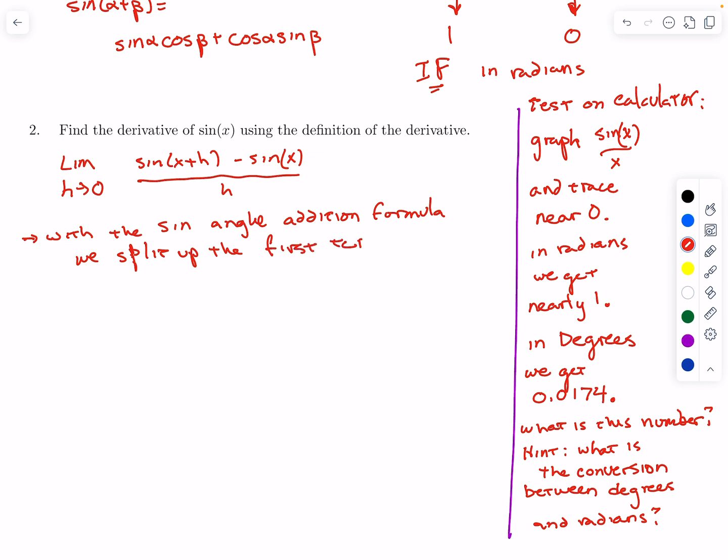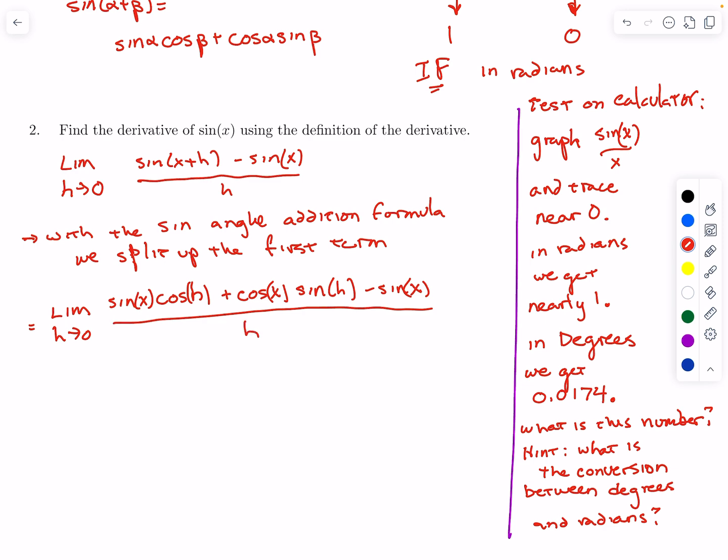Okay, sine angle addition formula allows us to split up sine of x plus h. So parentheses. The first and last terms both have sine x, so I'm going to put them next to each other.